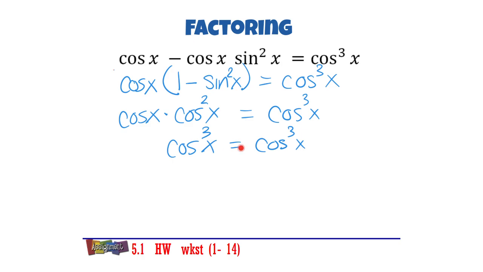Anytime you have two sides equal to each other, you're stating an identity. And what we're doing is just proving it. Now, I do want to talk a little bit. I feel like I'm going to get you to do this, and then I'm going to start getting some of you that want to go from here to here. And that's not allowed. It is a step-by-step process.